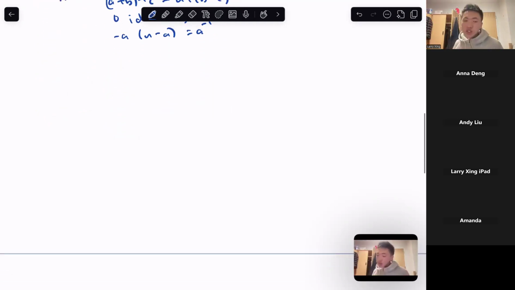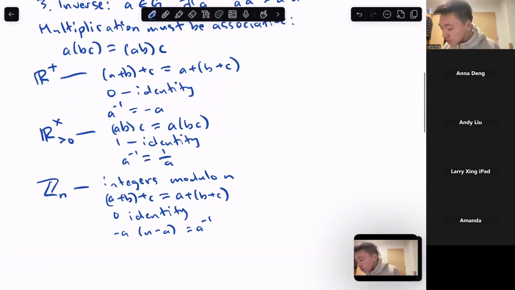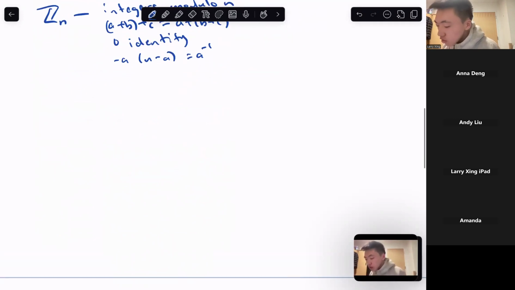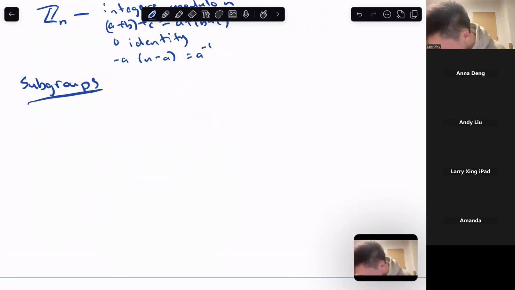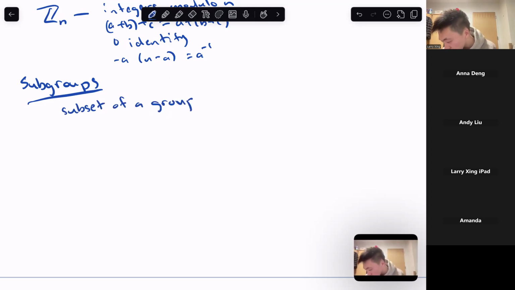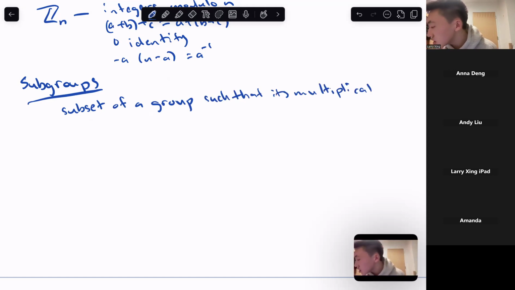Okay, so now that we have the definition of a group out of the way, we can start defining some other terms. For example, you might wonder, what are the so-called subgroups of a group? A subgroup is essentially just a subset of the group such that its multiplication is still preserved.